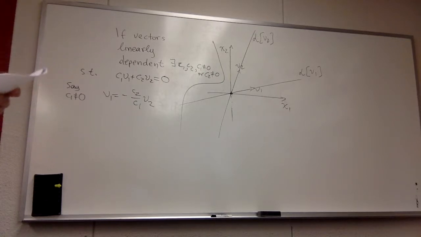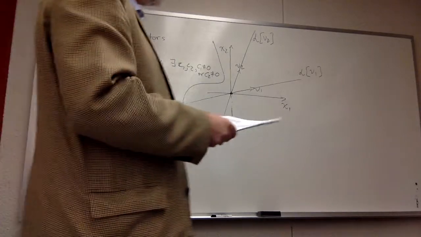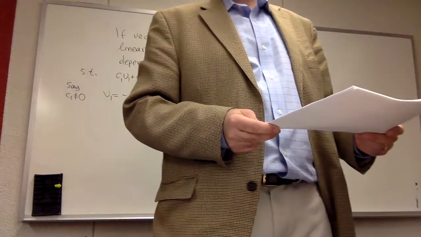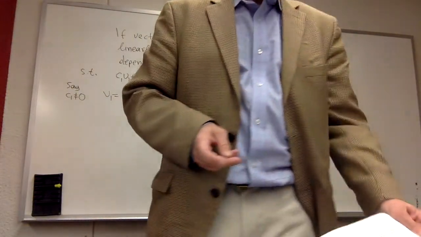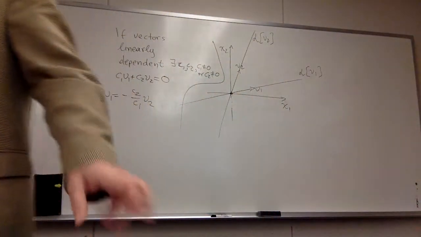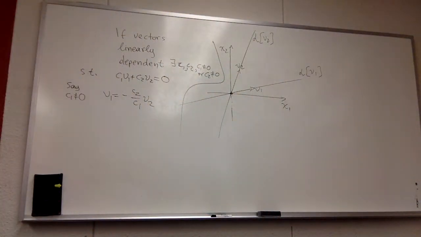Then the vectors are linearly independent if and only if the determinant exists and is not equal to 0. The exists is implicit here. I wrote it in an equation, right? So it better exist.